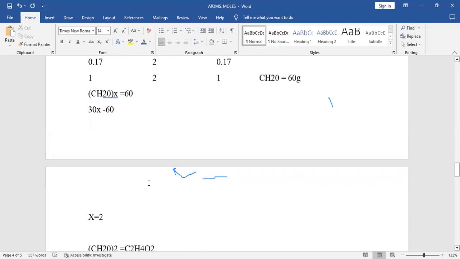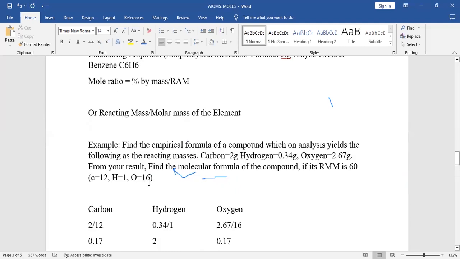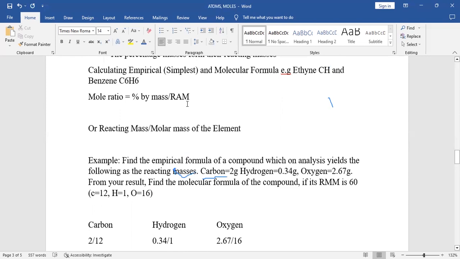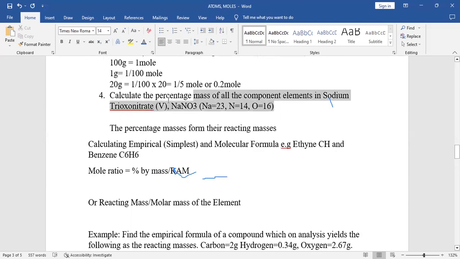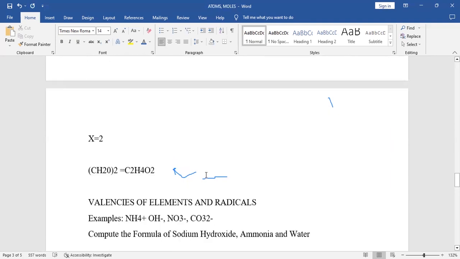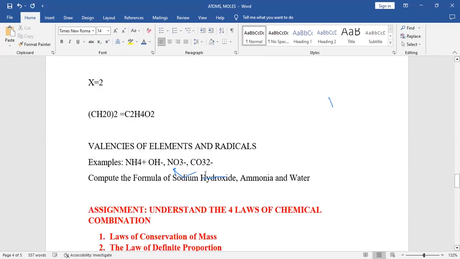So this is how to differentiate between empirical formula and molecular formula. We can use either the reacting masses or the percentage by mass. We calculated percentage by mass by dividing by the relative atomic mass. I would like you to try questions on your own on getting the empirical formula and the molecular formula.